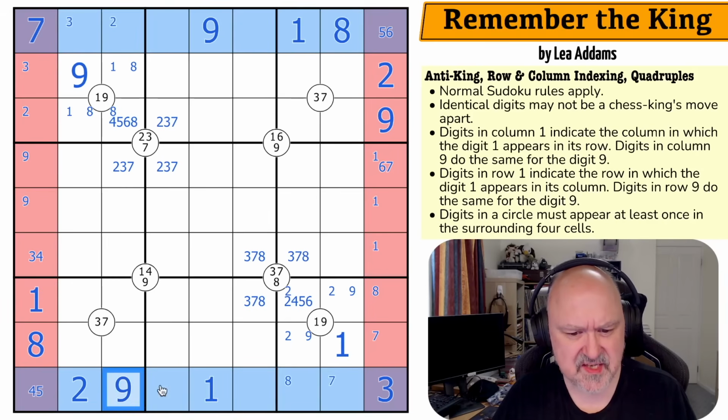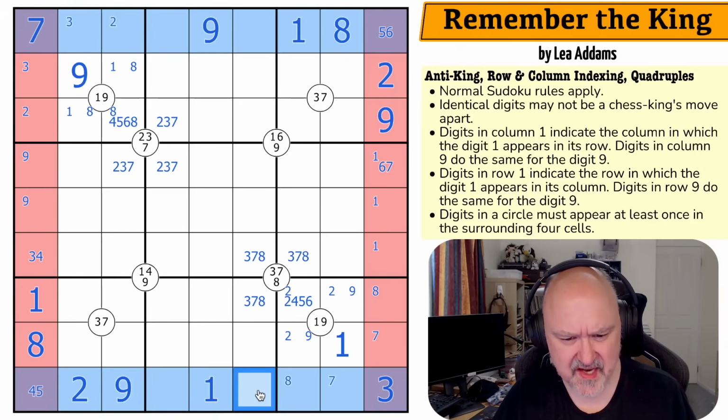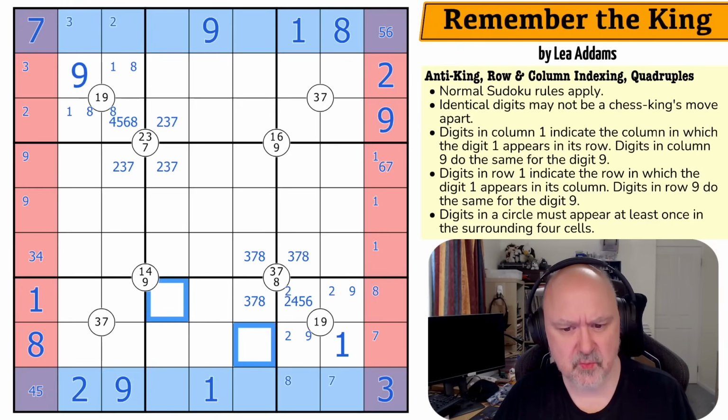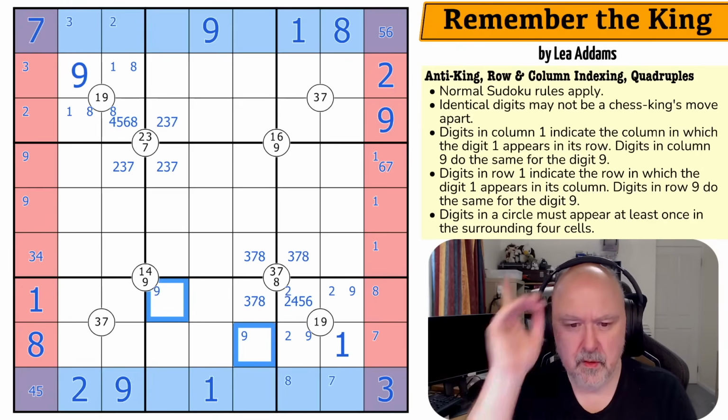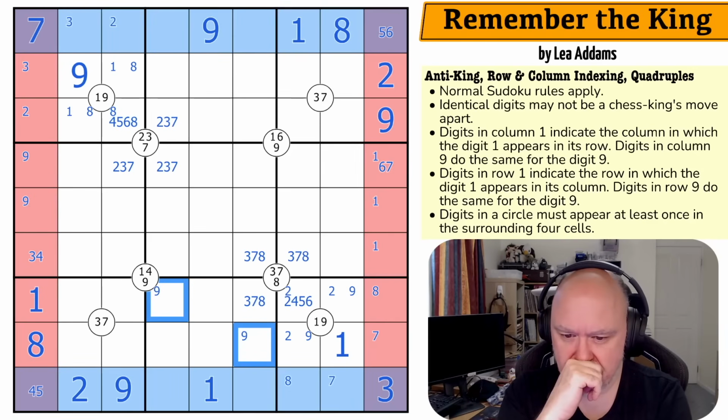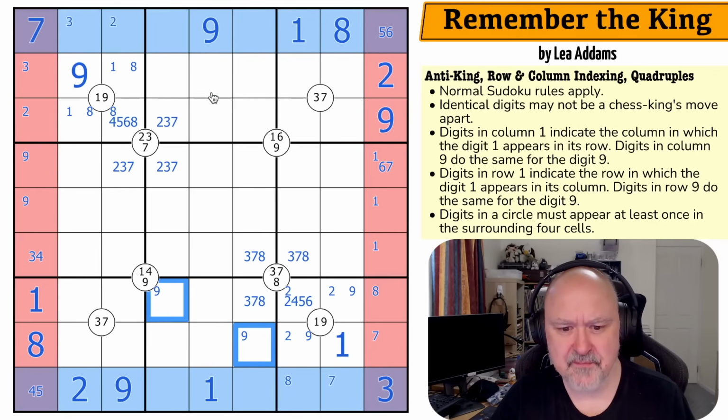So either that's a 7 or that's an 8. So 9 is in one of those two. And up here, I assume it's the same for 1. 1 is in one of those, but it can't be here. 1 is in one of those two.